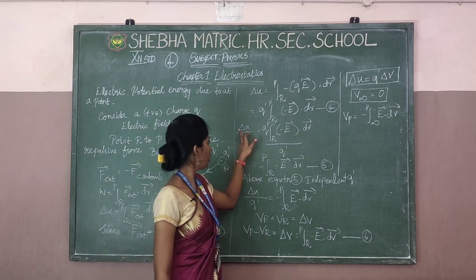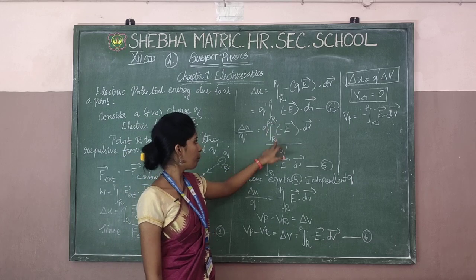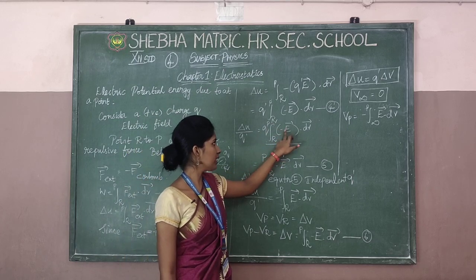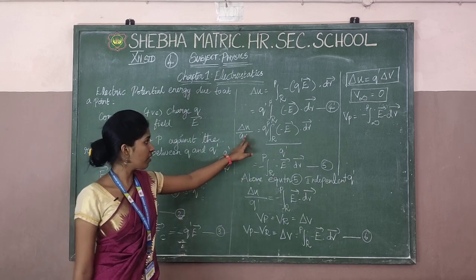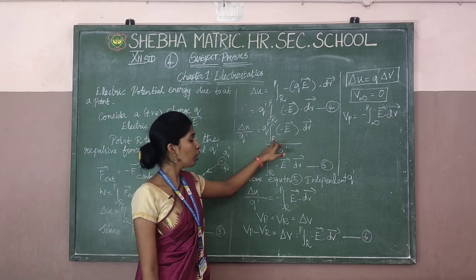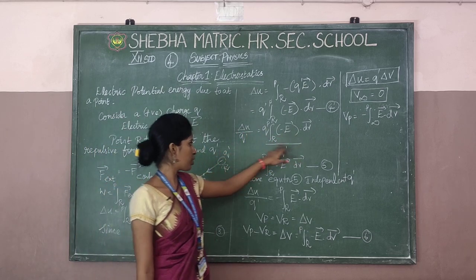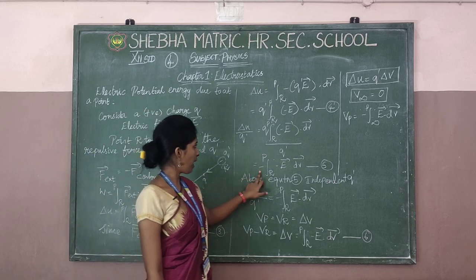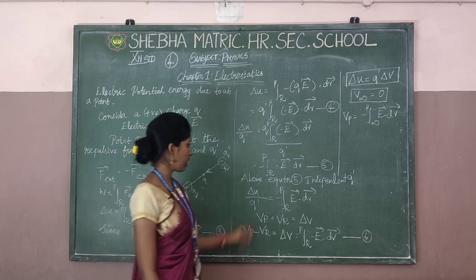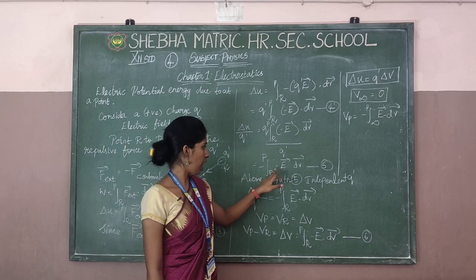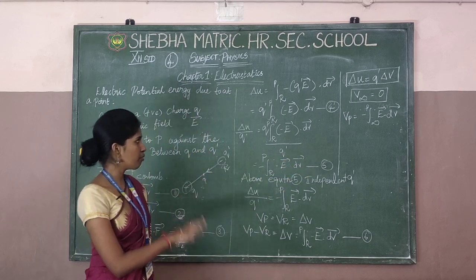So del U divided by Q dash is equal to the integral from P to R of minus E vector dot dr vector. We divide both sides by Q dash, dividing U as well, and substituting, we get equal to minus the integral from P to R of E vector dot dr vector, equation 4.